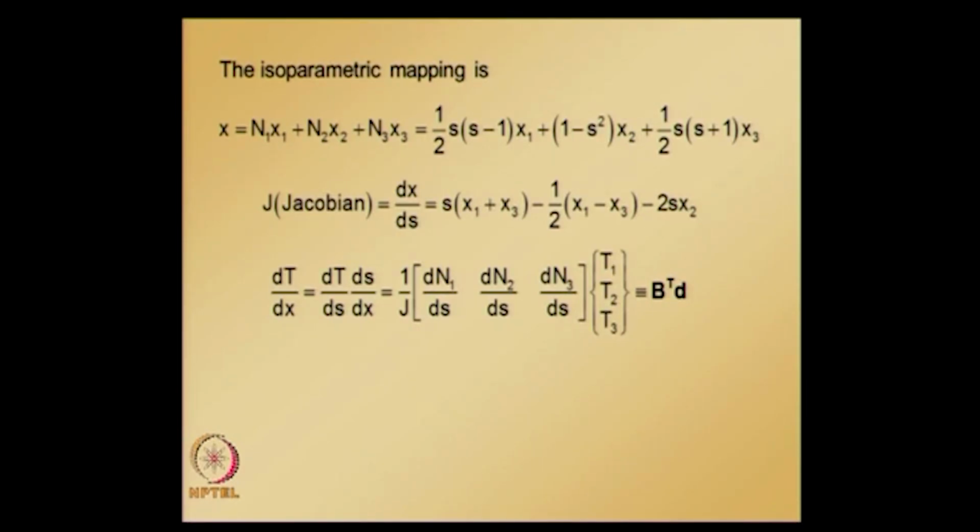To get ds over dx we require this Jacobian, which is nothing but 1 over J. So using this equation, the first derivative of T with respect to x can be calculated, which can be compactly written as B transpose d, where B is defined as 1 over J times the first derivative of shape functions with respect to s, that is dN1 over ds, dN2 over ds, dN3 over ds.